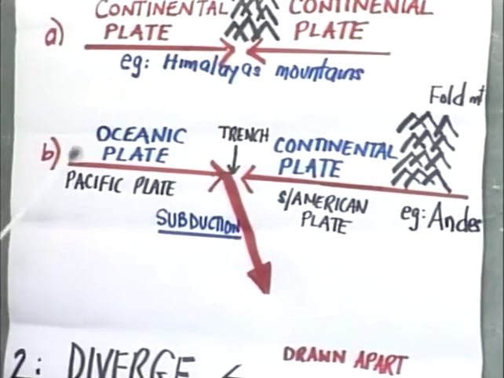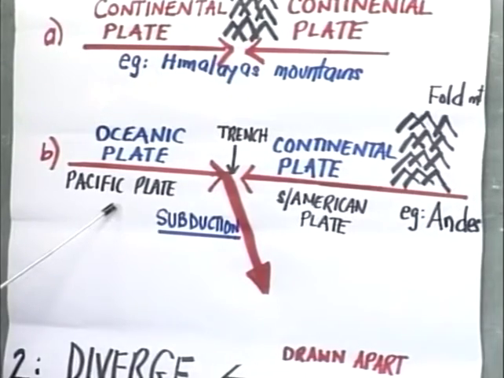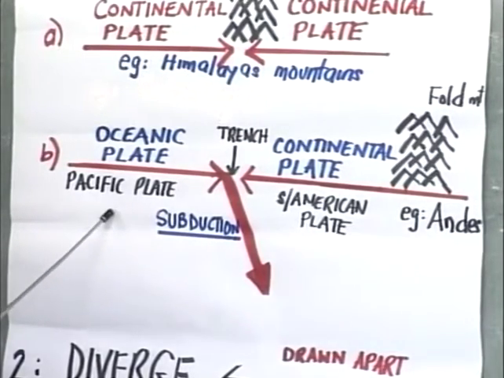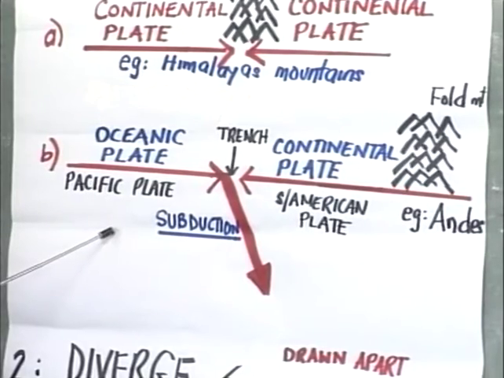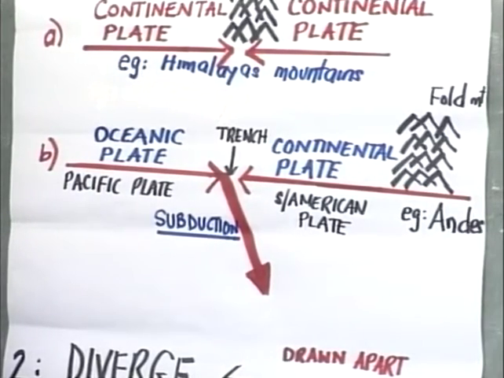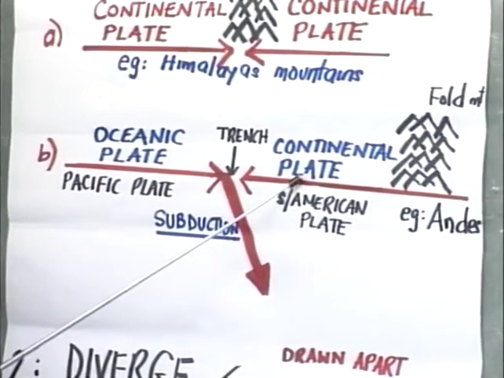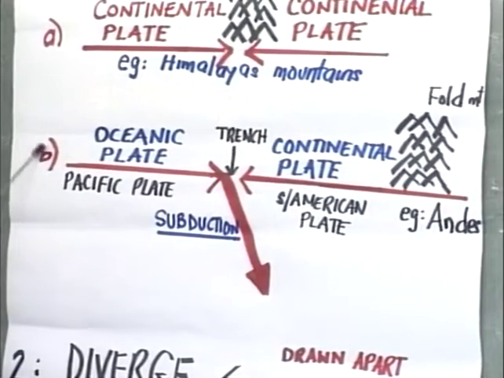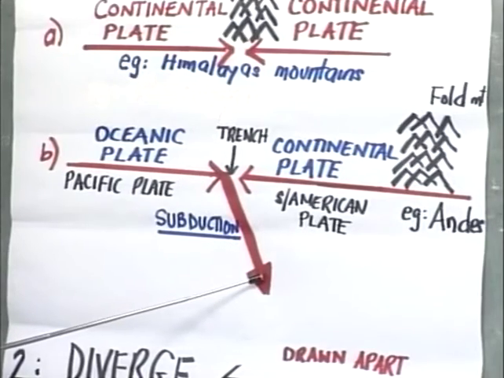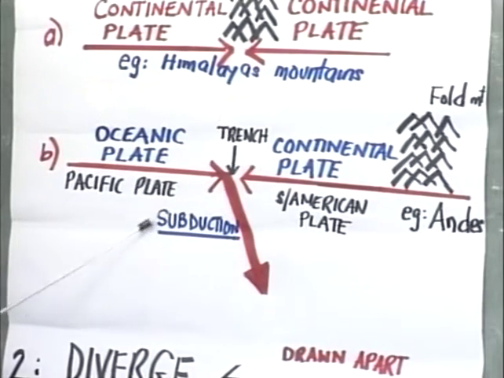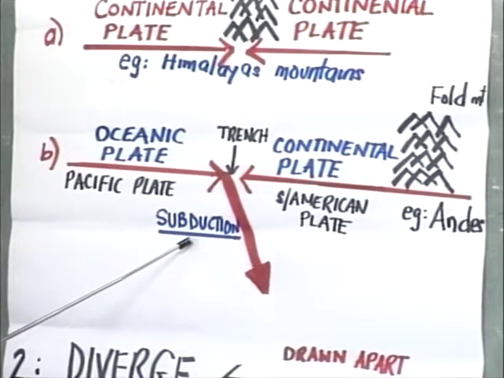This is the lighter plate because we found out from the characteristics of the crust that it is thinner under the oceans and thicker under the continents. So when the heavier continental plate and the oceanic plate meet, the oceanic plate, being the lighter plate, is forced under, resulting in the process of subduction.